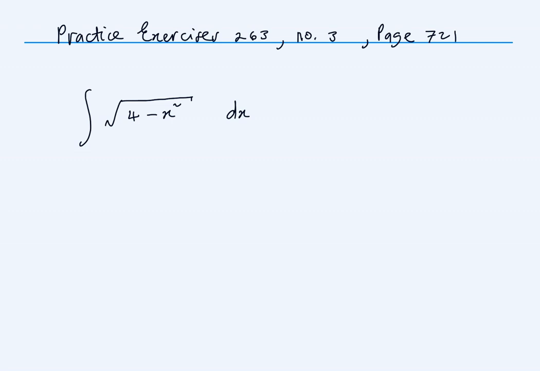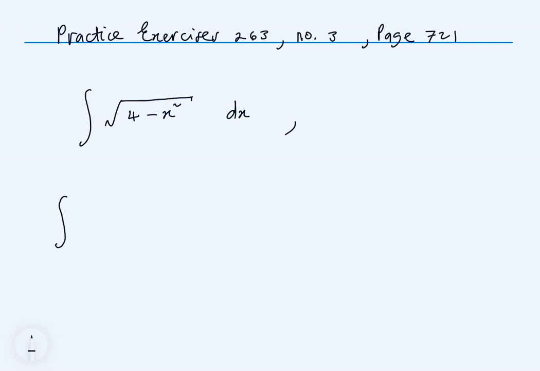Now, for this integral, we have to go to the given formula sheet and identify the formula that takes the form of this integral. If you look at the formula sheet, you'll find a formula of this form.